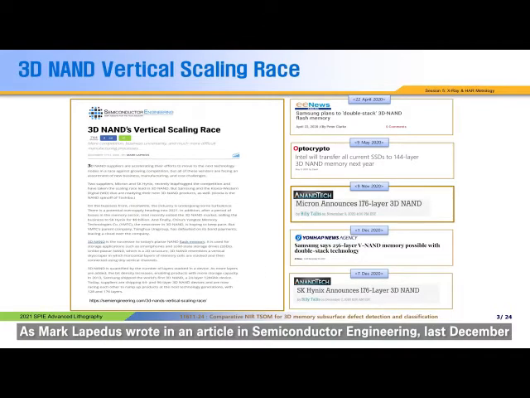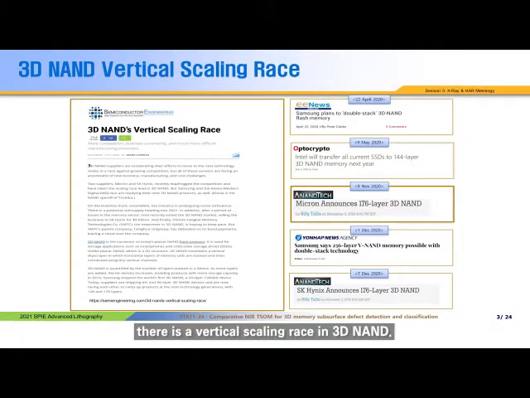As Mark Lapidus wrote in an article in Semiconductor Engineering last December, there is a vertical scaling race in 3D NAND.